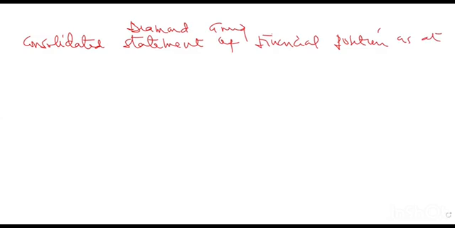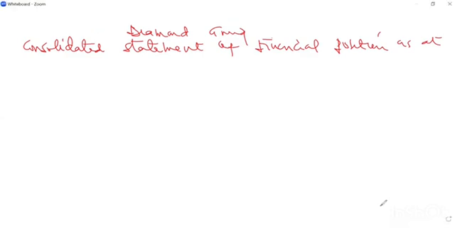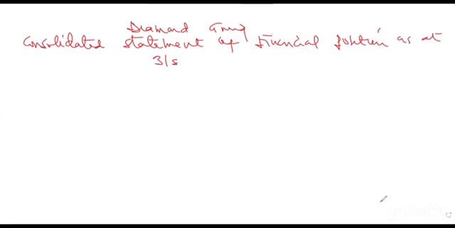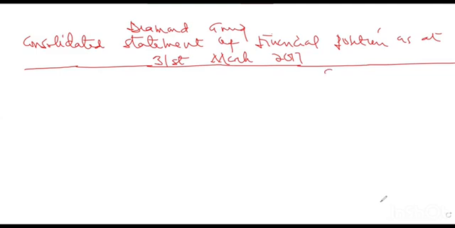Assets. What is the date? Okay, 31st March 2017. So you have your assets, then you have the non-current assets.